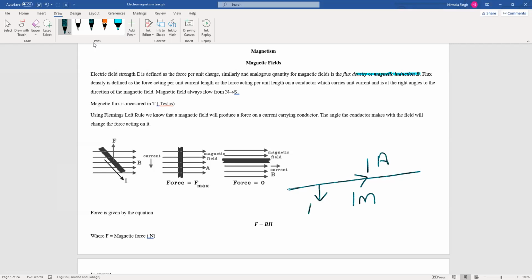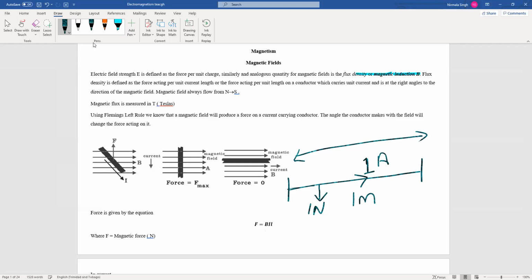So it experiences a force of 1 Newton, acting per unit length. Remember, the unit means 1 meter. Acting per unit length, per unit current of 1 amp, you're going to get your magnetic flux density.